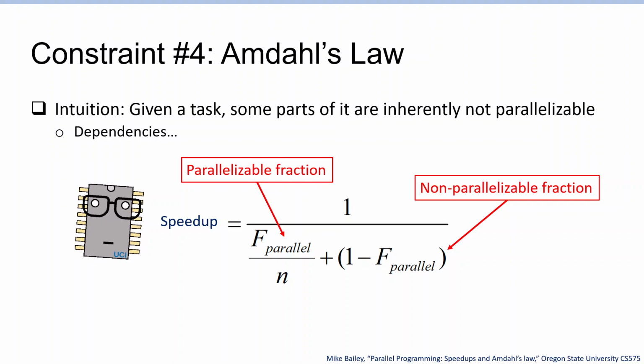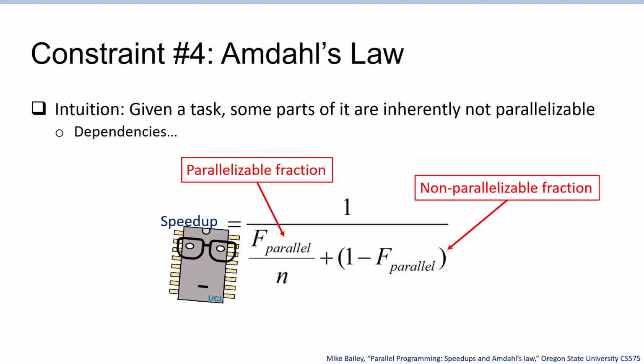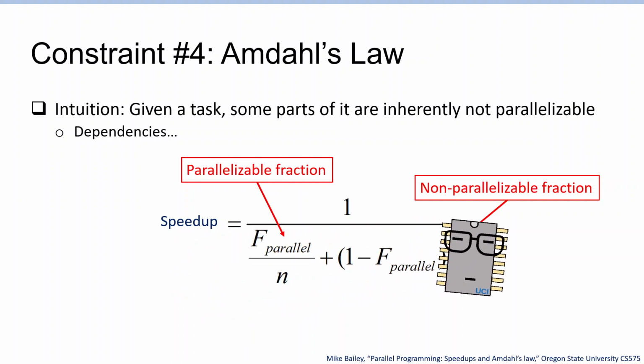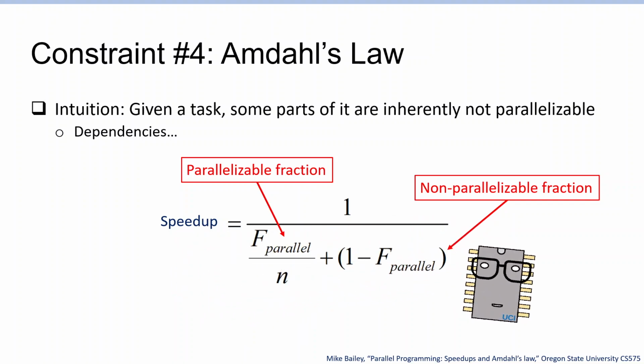The speedup we can get is basically the parallelizable portion divided by the number of processors we can add to the system, plus the remainder, 1 minus parallel, which is the fraction which is non-parallelizable.